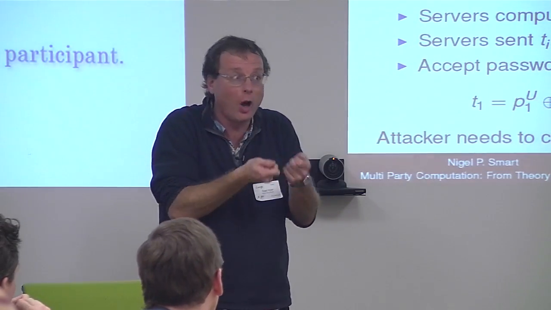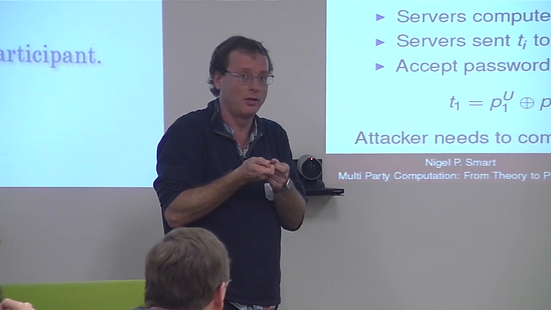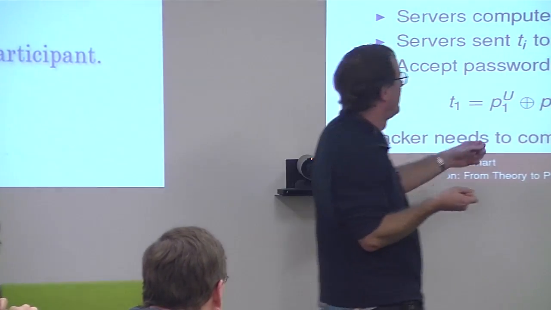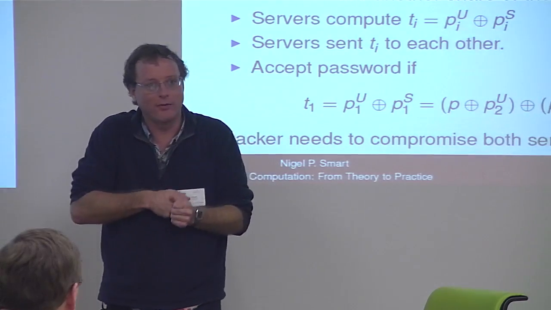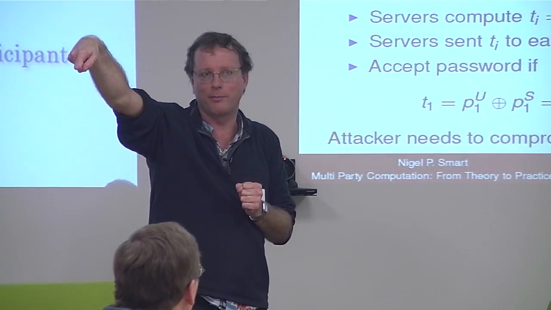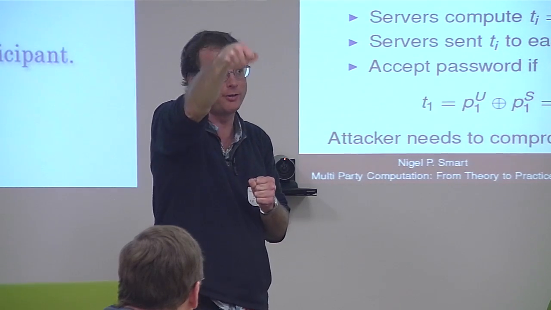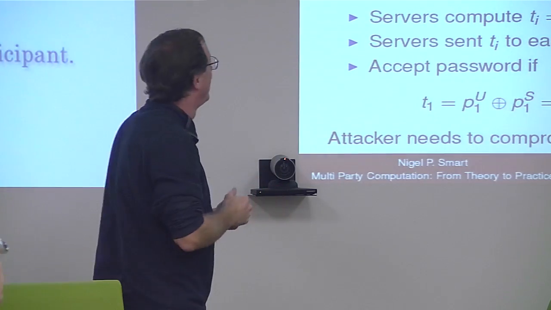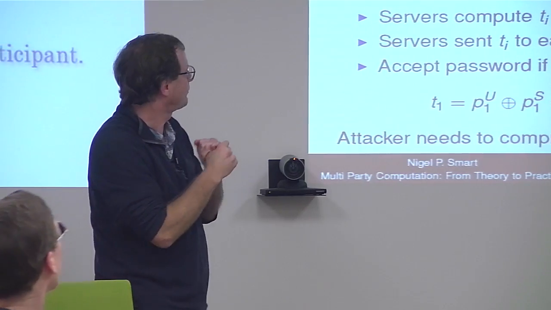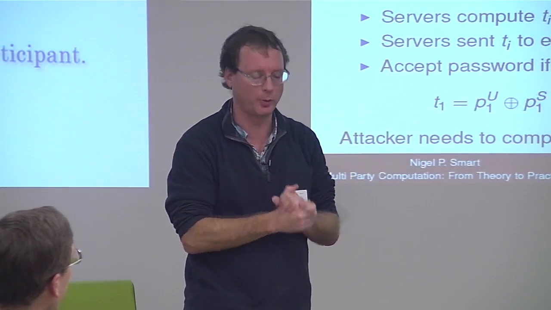The password only ever exists in this system on the user's own machine. Even if you had a system where you encrypted the password to the server and the server then hashed it and compared it to the password file, if you broke into the server, you'd get the password. So that's their proposed solution, but it only works for static passwords.